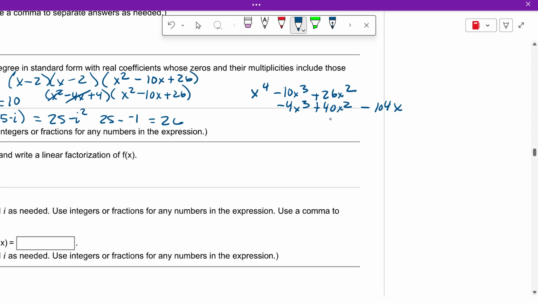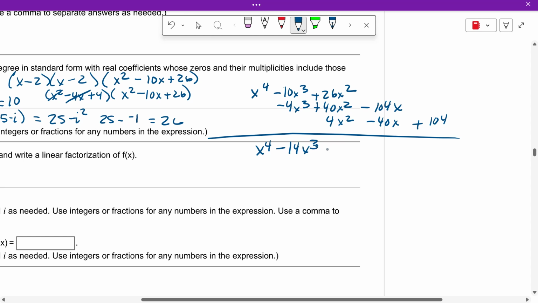And 4 times everything is 4x squared minus 40x plus 104. So it's x to the fourth minus 14x cubed plus 70x squared minus 144x plus 104.